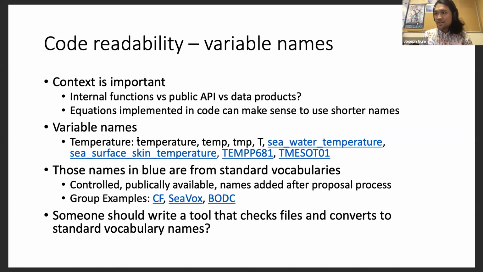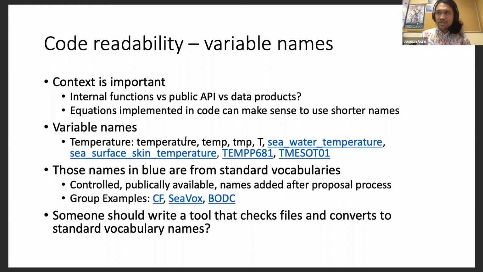For temperature, these are all real variable names I have seen in data floating around in the wild. And we have needed to standardize on them. Some of them mean slightly different things. Certainly you can tell the difference between sea surface skin temperature versus seawater temperature.